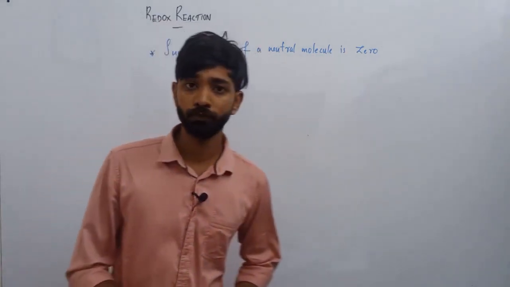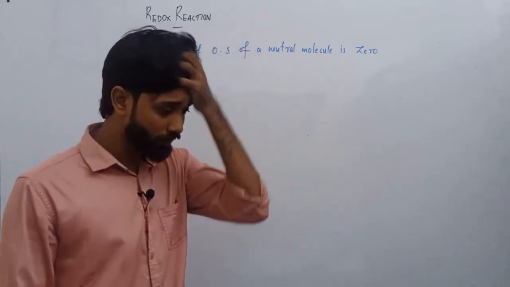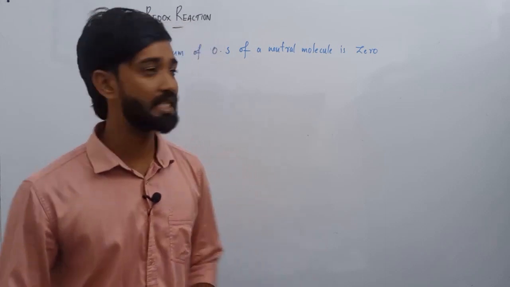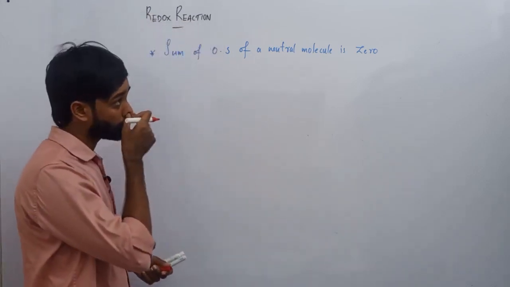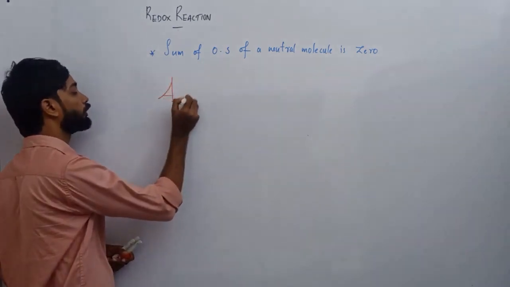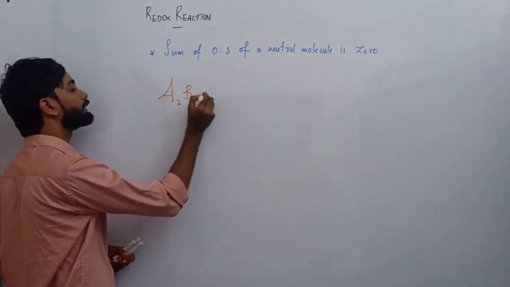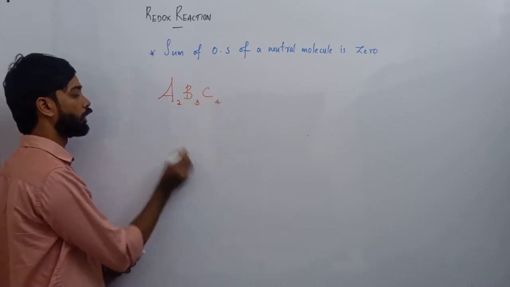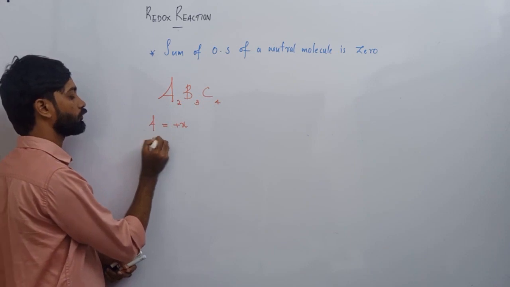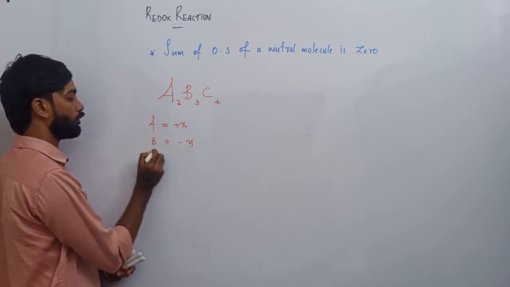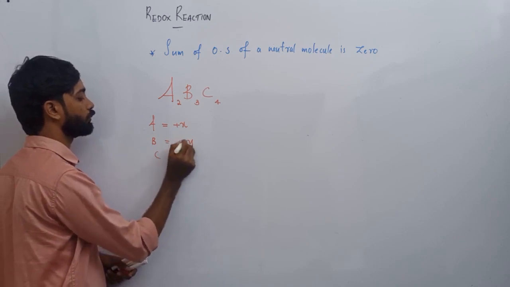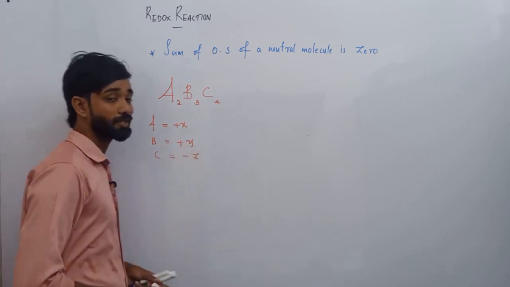We have a molecule where the charge is 0, which means that the charges of each component sum to 0, right? I'll give you an example. You know this concept, okay? I have a molecule A2B3C4 where the oxidation state of A is +X, the oxidation state of B is +Y, and the oxidation state of C is -Z.